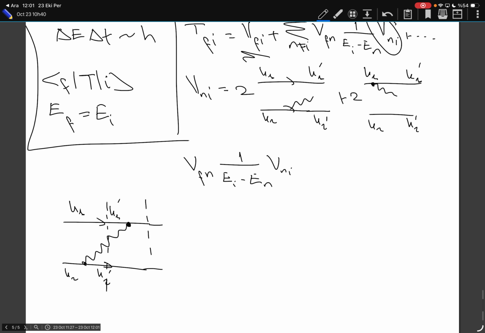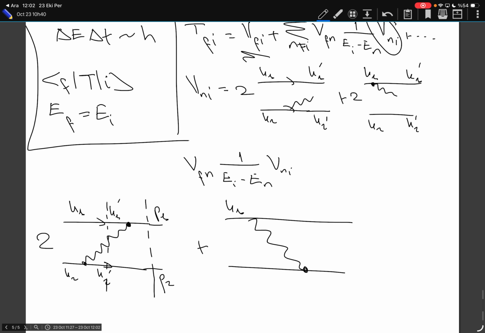And at this step, they are P1 and P2. Plus, I have two of them. Plus, I have from the other diagram, this is K1, this is K2, this is K1 prime, this is K2 prime, this is P1, this is P2.